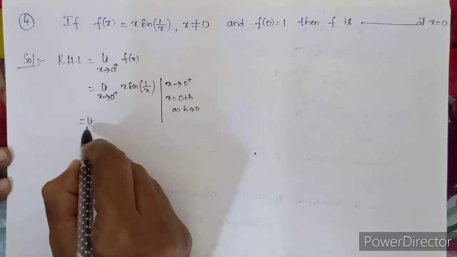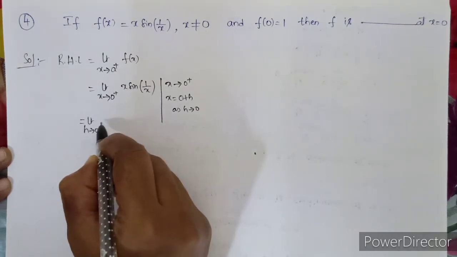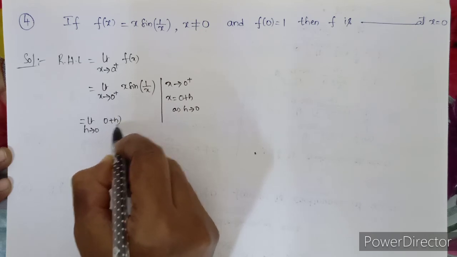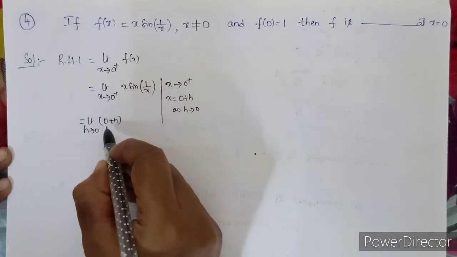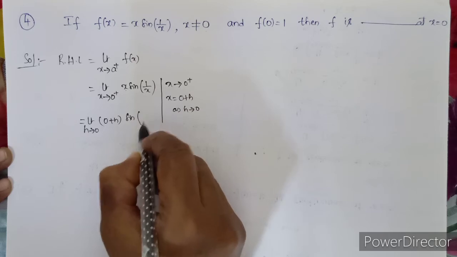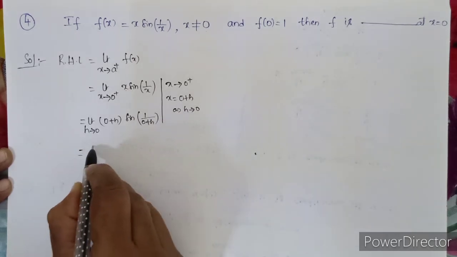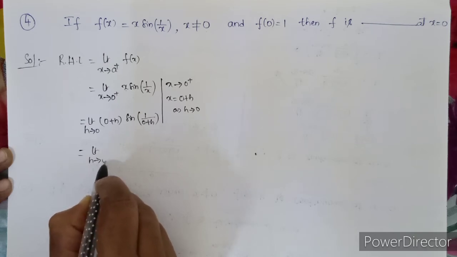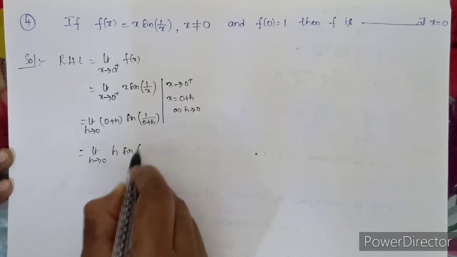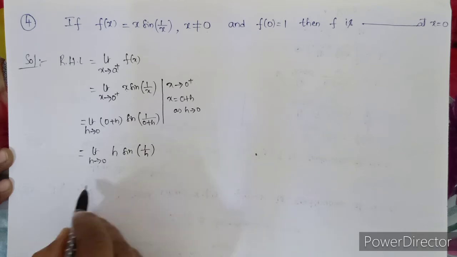Limit h tends to 0, in place of x we are writing 0 plus h, sine of 1 by 0 plus h. Limit h tends to 0, h sine of 1 by h.